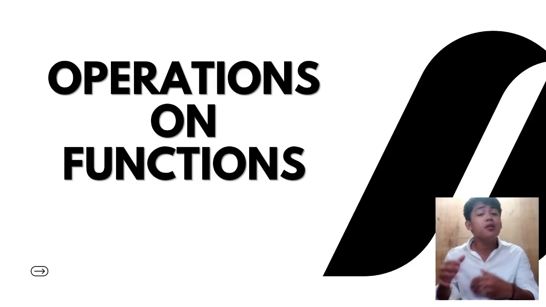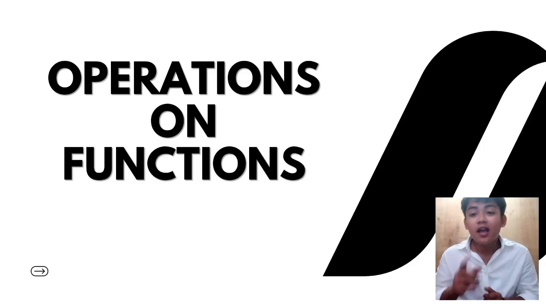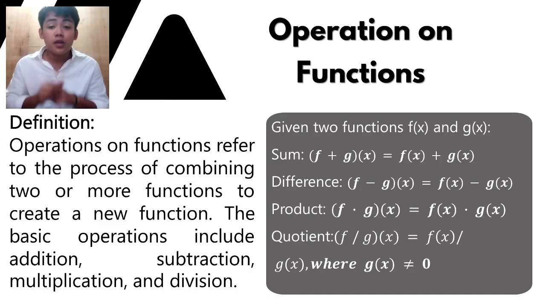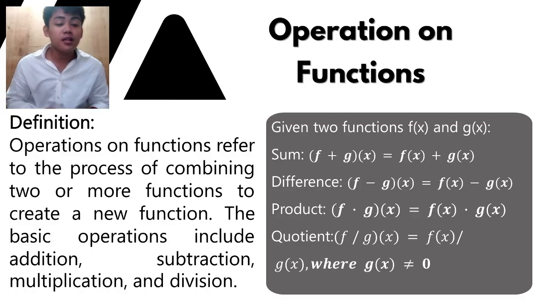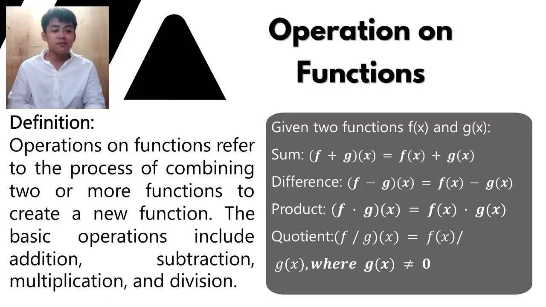But to formally introduce you to our topic for today, let's have the definition of operation on function. So, operation on function refers to, can you please read class? Operation on functions refer to the process of combining two or more functions to create a new function.